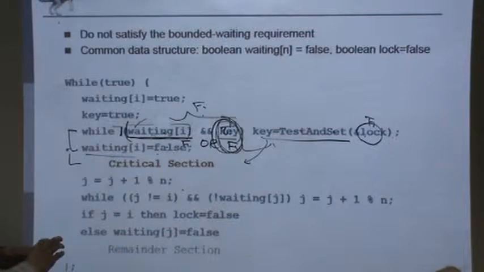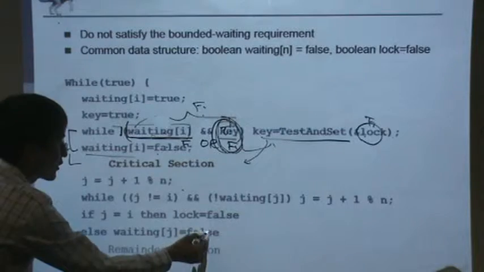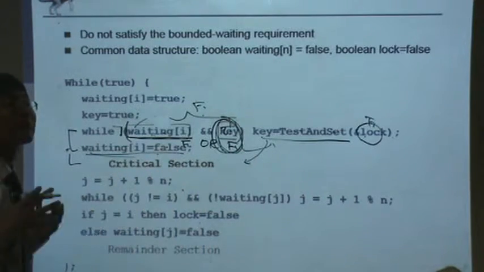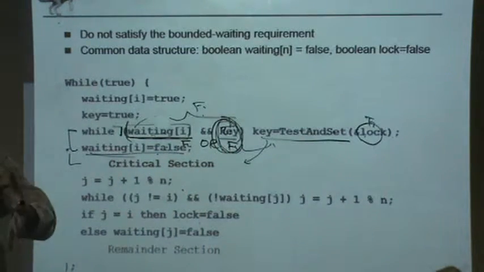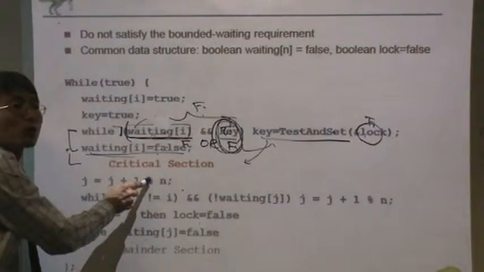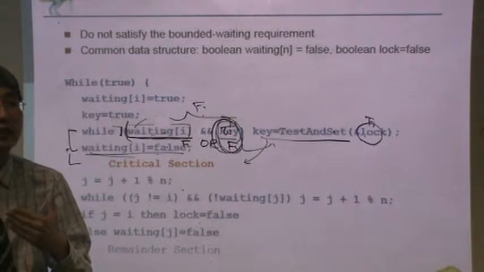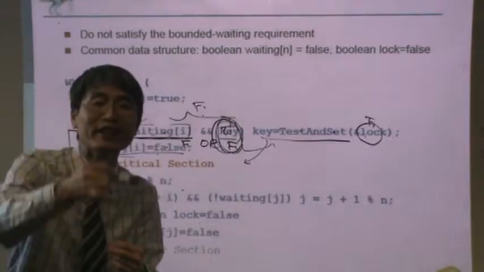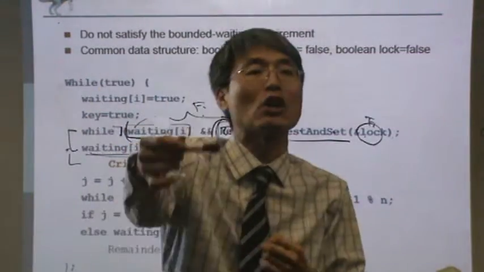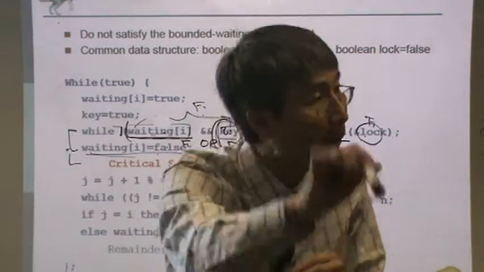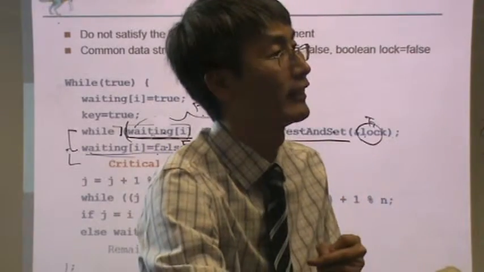During the exit section, I'm not part of the selection. Then how can we select the next process? The next process may not be waiting. At that time, we loop until there exists a process that is waiting, and that process will be selected.